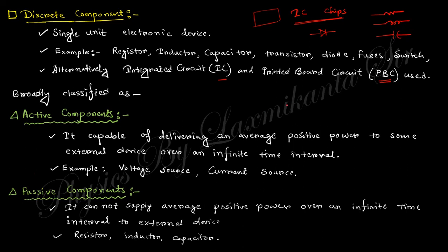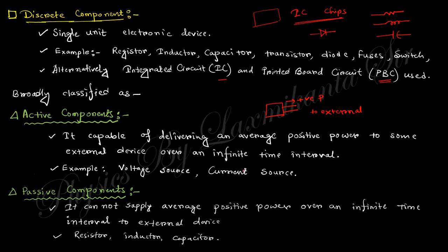Suppose this is a device which delivers power, positive power, to an external source. When a component delivers positive power to an external source, it is known as an active component.